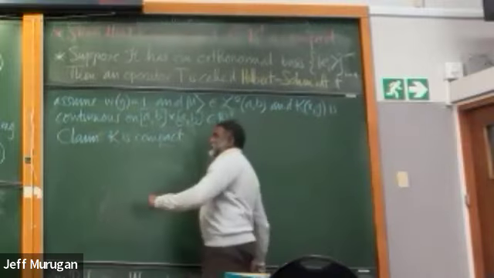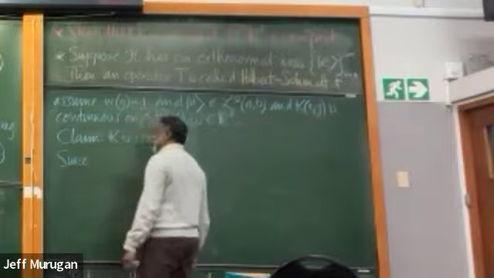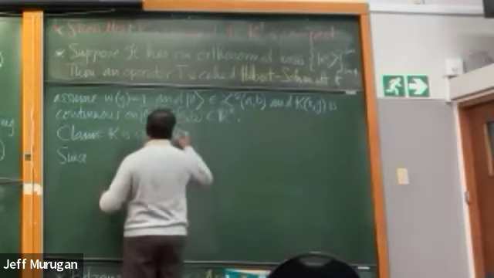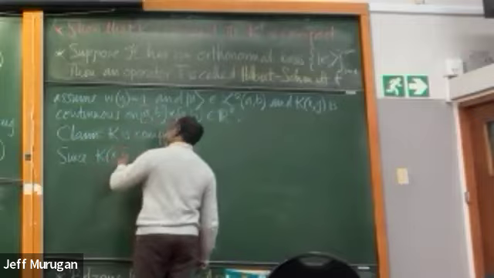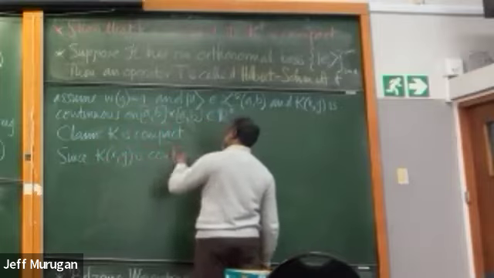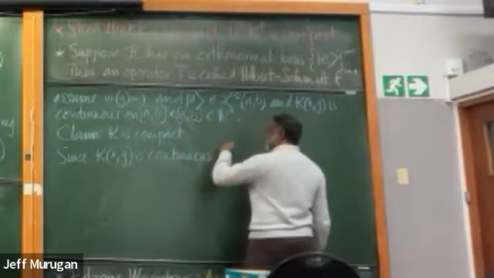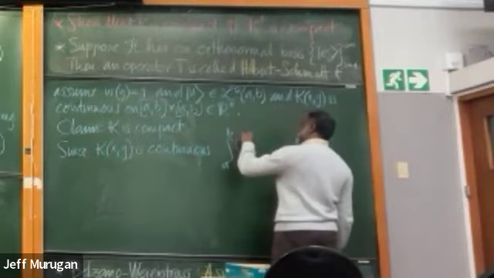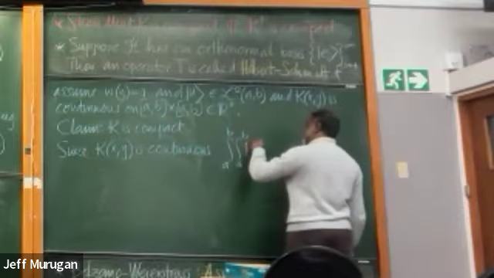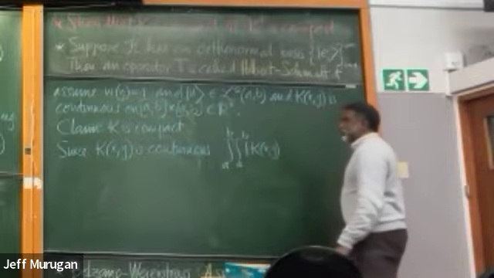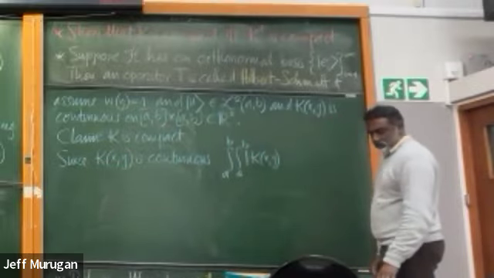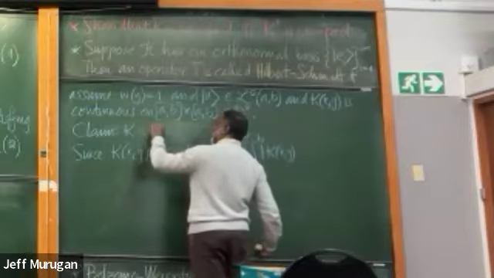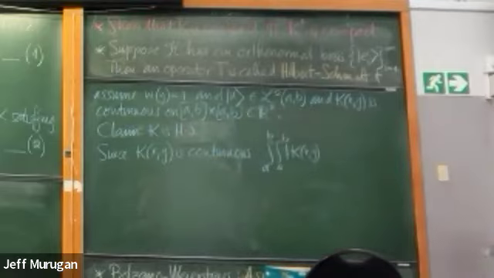Firstly, since I've already assumed that K of x, y is continuous on this interval, the double integral of mod K of x, y squared over a to b is finite.